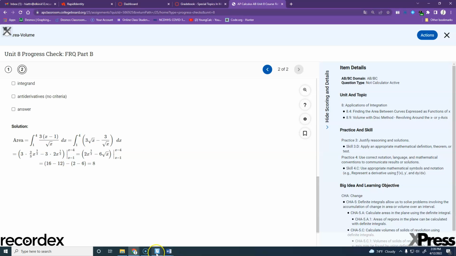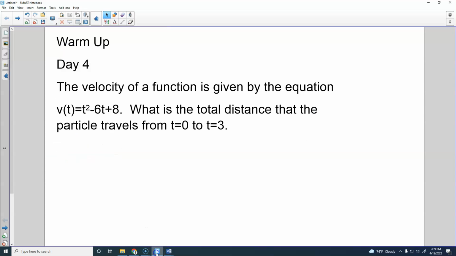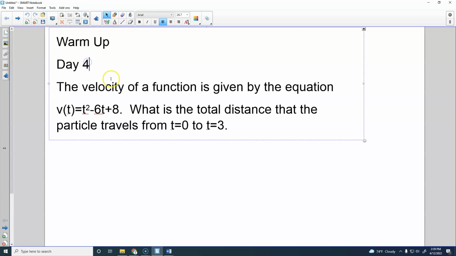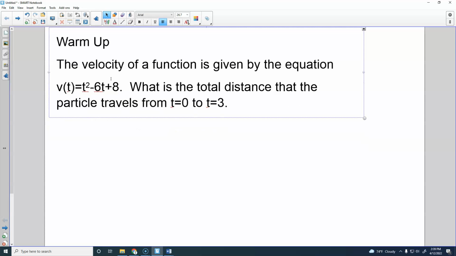All right. We were going to do a warm-up since so many people are gone. Let's not do it on the warm-up paper, but I want you to do this problem for me, not calculator active. So just work this problem wherever you would like to work it out.